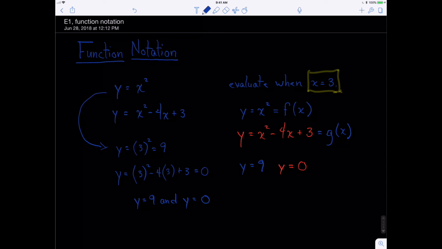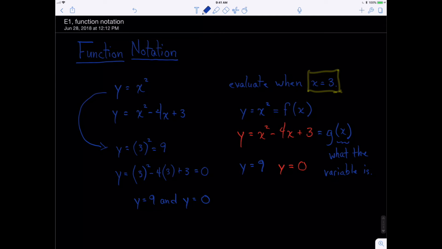It's no different than thinking of all of us as people, but to differentiate the people, we give them different names. The of x part just tells what the variable is. In this case, it's x, and you could have a function in y. That would be okay too.